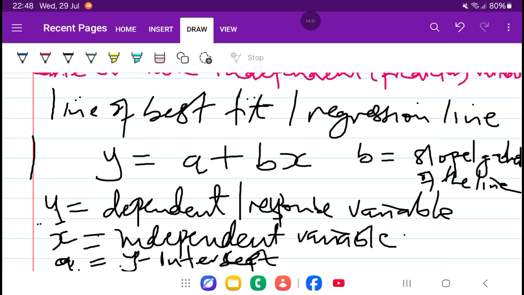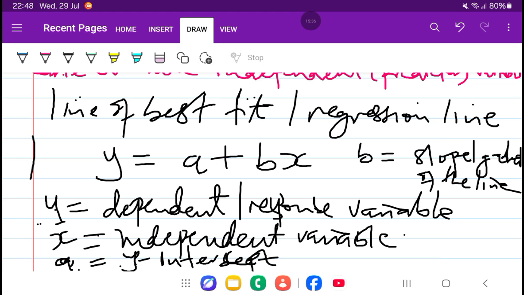If you look at correlation, we went through correlation, and when we were looking at it, we had no distinctions. It wasn't so important for us to differentiate between the dependent and the independent variable. We could just give any value x and any value y, which is not the case with regression, because in regression you must be able to know which of these variables is dependent and which is independent.